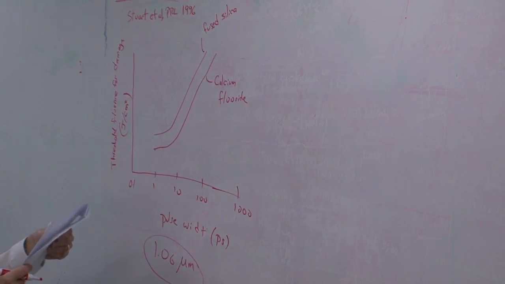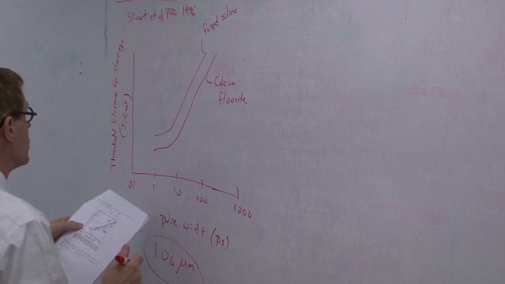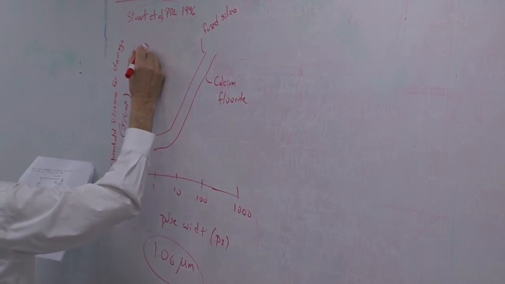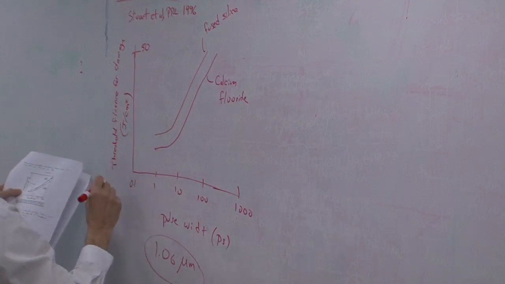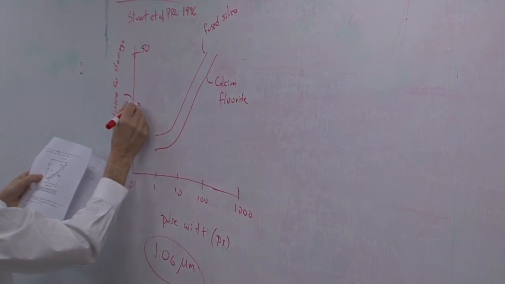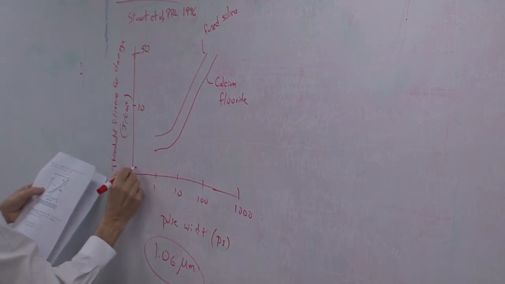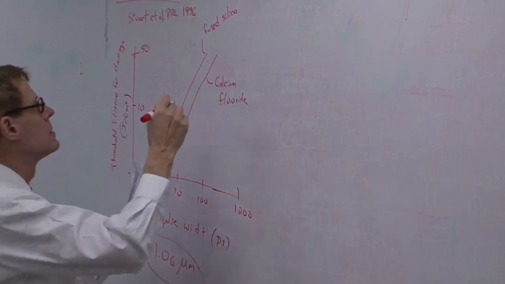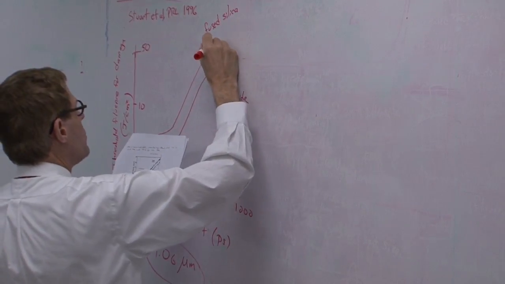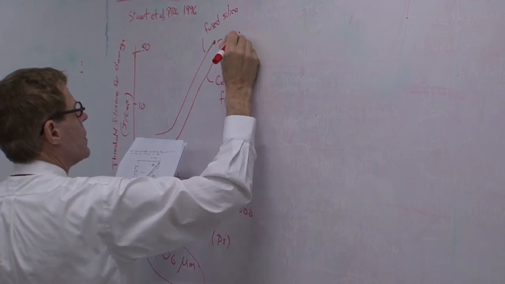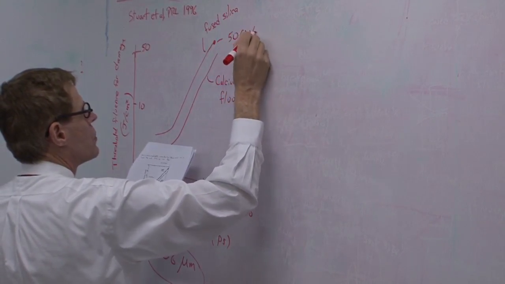And what are the values here? Up here, this is 50 joules per square centimeter, and this is a log scale, so maybe this is 10, and maybe this is 1 joule per square centimeter. This point up here is 50 gigawatts per square centimeter.